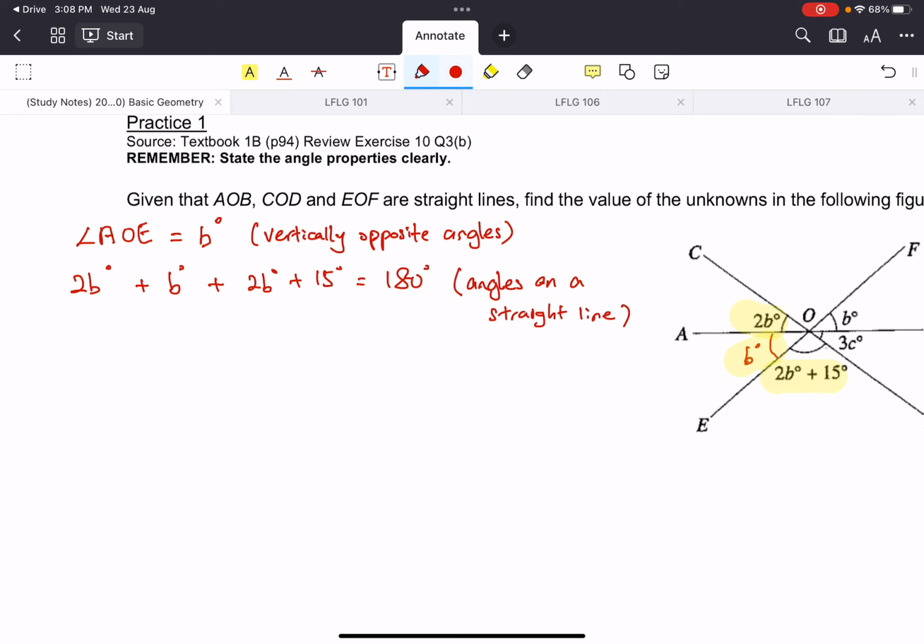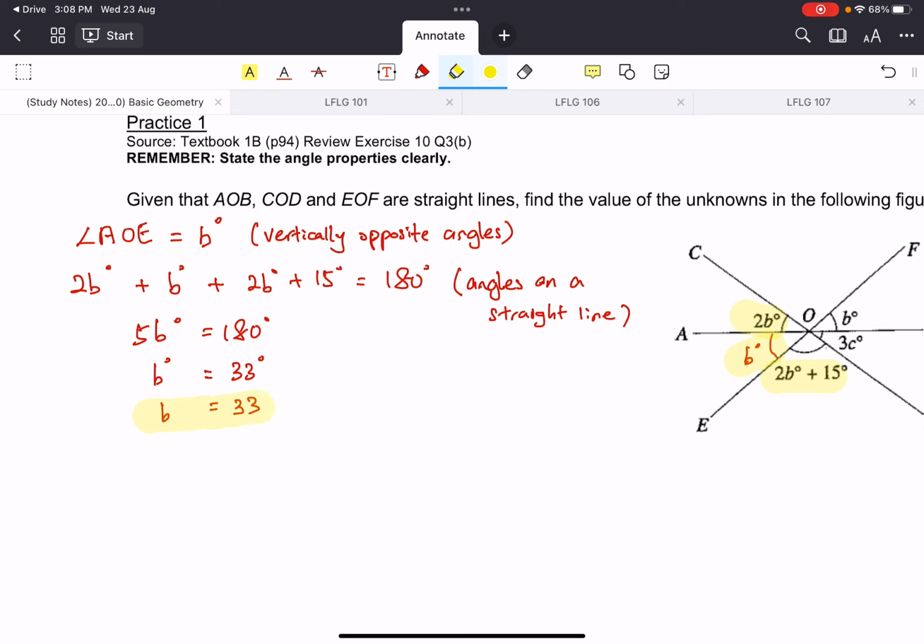Simplify this, we have 5b degrees equals 165 degrees, so b degrees equals 33 degrees. Take note that this is still an angle, so b is equal to 33. We found our b successfully.